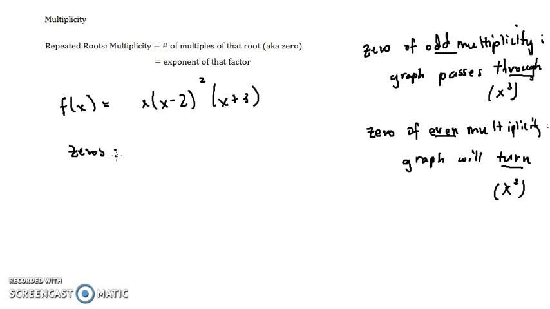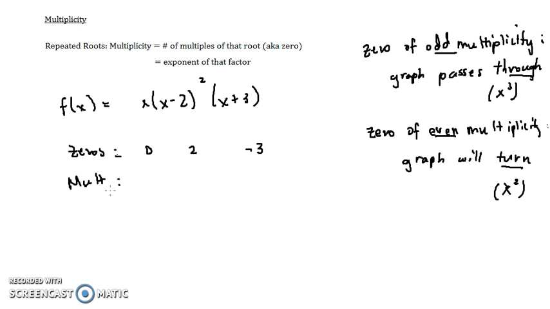Okay, so we want to look at zeros and multiplicity. What are our zeros? Remember, zeros come from the factors. So here we've got 0, here we've got positive 2, and then here we've got negative 3. Okay, so 0, positive 2, negative 3, we get those from the factors.